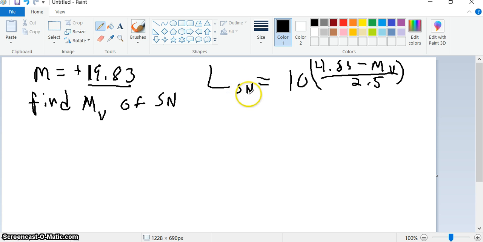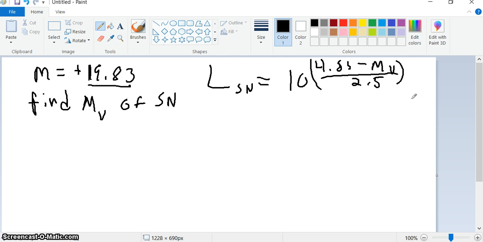We're going to use this equation. We know the luminosity of the supernova in terms of the sun, and so we know what this number is on the left-hand side of the equation, and that is equal to 10 to the power of the absolute magnitude of the sun minus the absolute magnitude of this supernova, divided by 2.5.